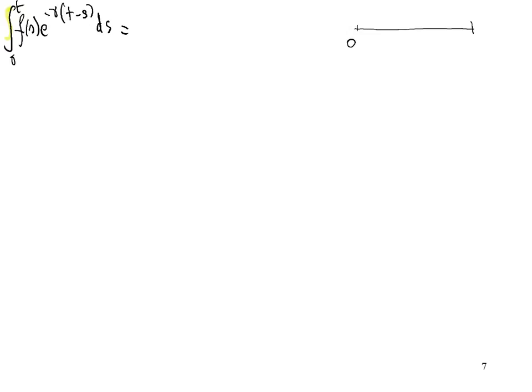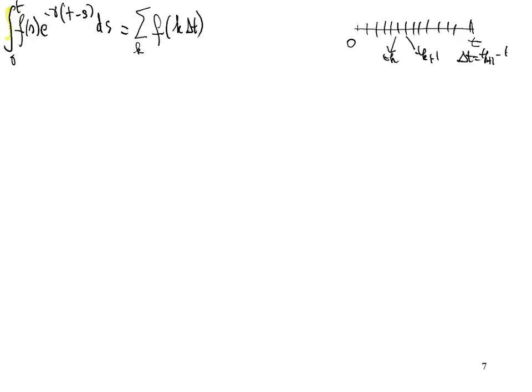We divide the interval from 0 to t into many small pieces, t_k and t_{k+1}, so that we can approximate this integral as a sum over k of f(t_k) delta t. Let's suppose all the intervals are of the same length delta t, so this is t_{k+1} minus t_k.